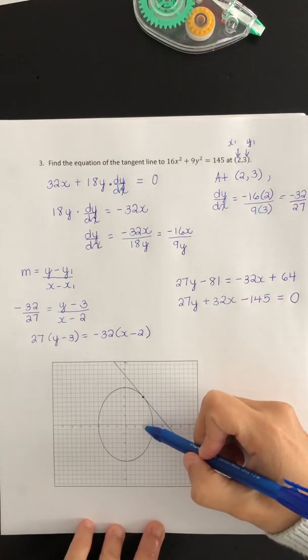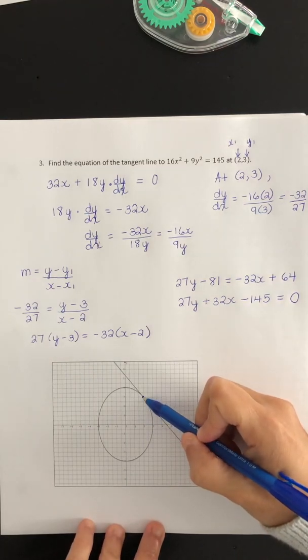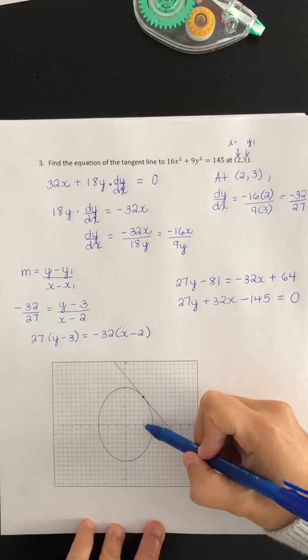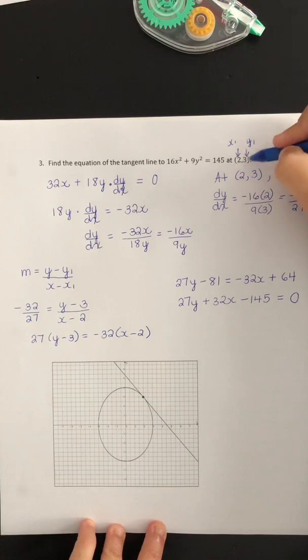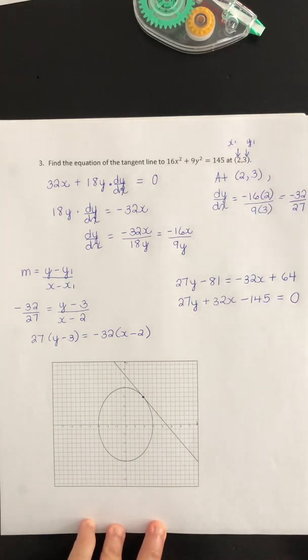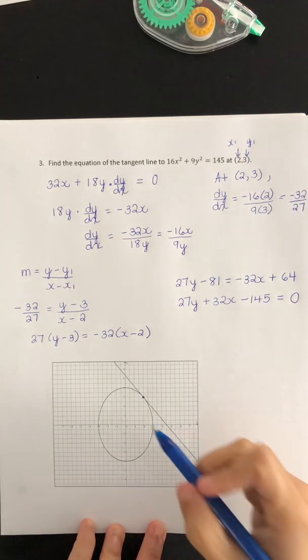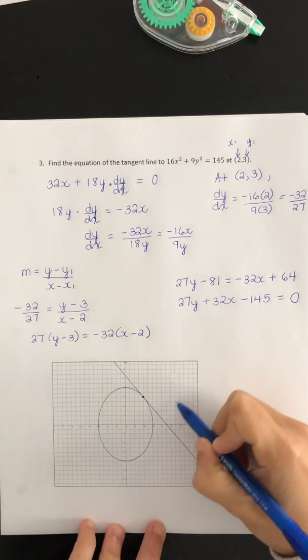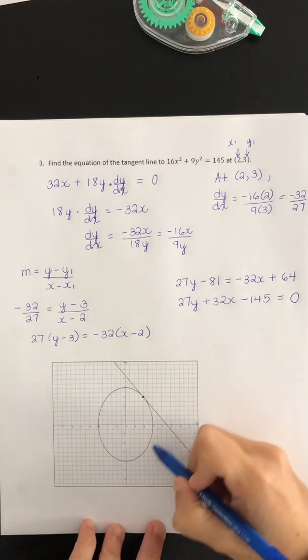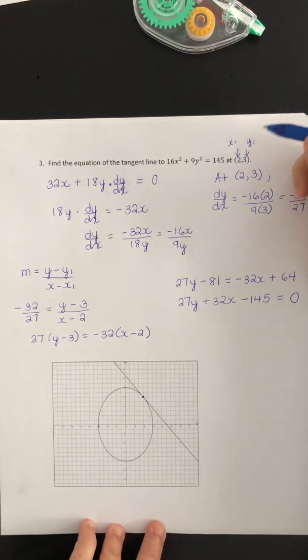When x is 2, y is equal to 3 or negative 3. So there are 2 possible values for y. Okay, so when x is equal to 2, the point down here would be 2, negative 3. The tangent line there would look like this, right? Okay, so there would be 2 tangent lines drawn when x is equal to 2.